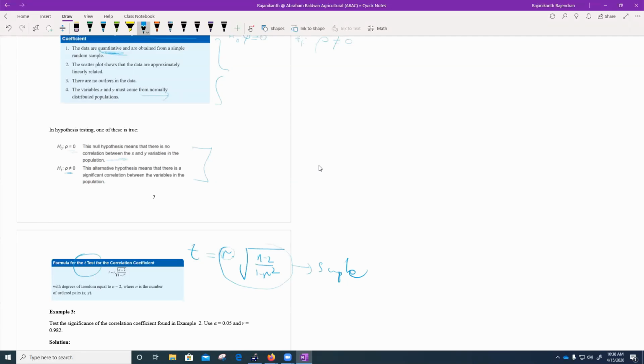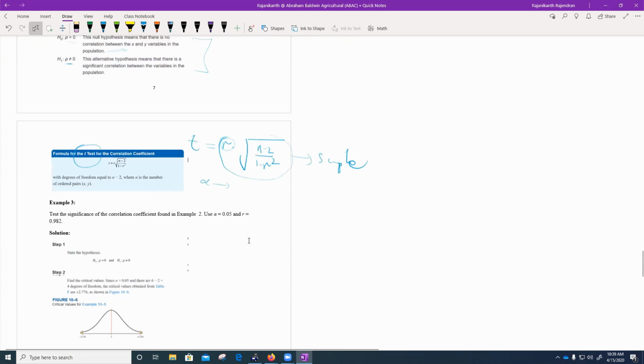Little r can be calculated by entering all the data values into your calculator. Little n is the sample size, the number of data values. Plugging in the values, you get your test value. You'll be given alpha in the problem, so you know the critical values of t. Then you check whether the t test value falls into the critical region or not, and based on that you find your decision.